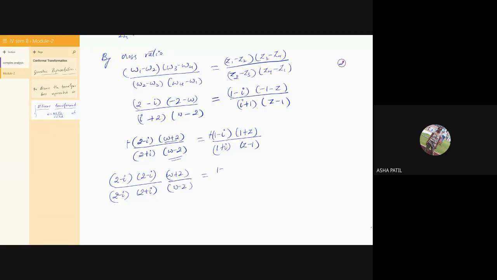Again, here we will multiply and divide by 1 minus i. In the LHS, we have multiplied and divided by 2 minus i. In the RHS, we will multiply and divide by 1 minus i, (1 plus Z) upon (Z minus 1). See what we get here. 2 minus i whole square means it is, in the term it doesn't get cancelled.